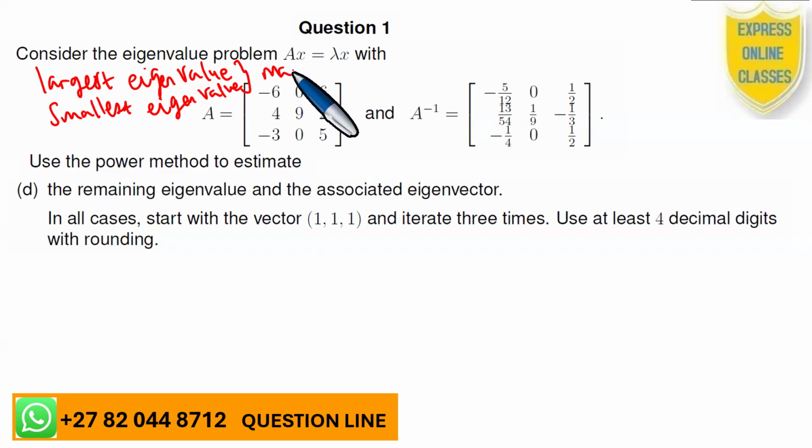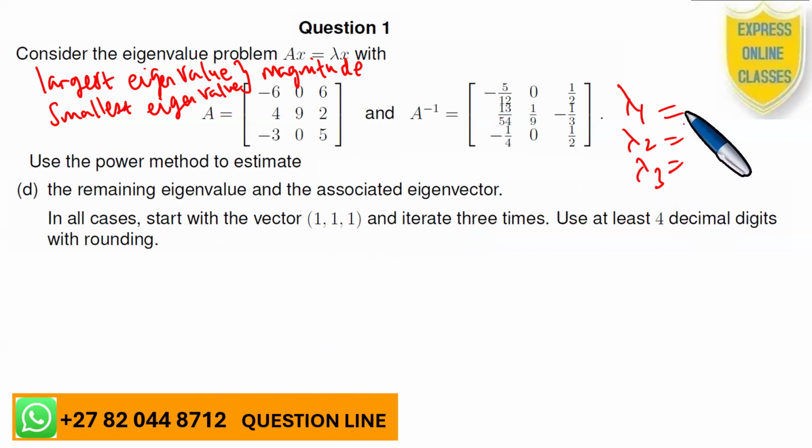Smallest in terms of the magnitude. But today we are going to look at the intermediate eigenvalue in terms of magnitude. And we're saying the remaining eigenvalue and associated eigenvector, so we need to use the power method to estimate the remaining eigenvalue, because the 3 by 3 matrix actually has lambda 1, lambda 2, and lambda 3 as its associated eigenvalues.